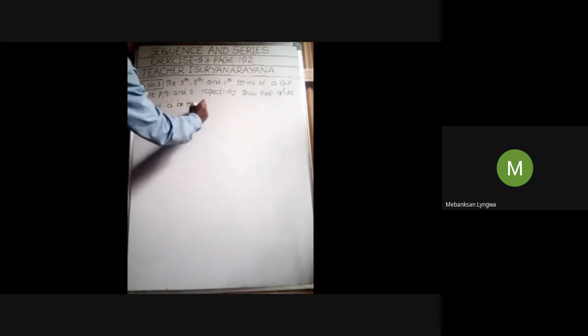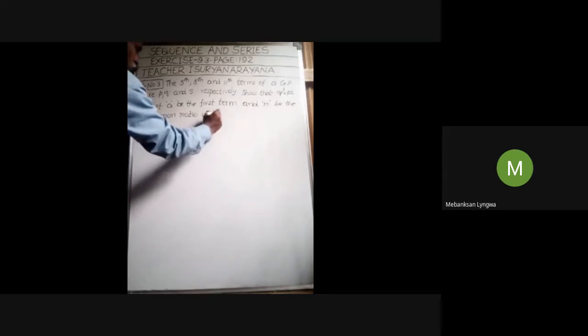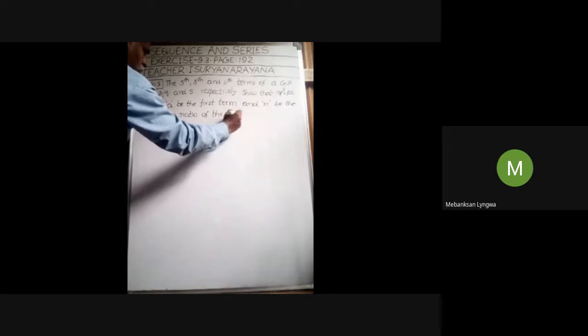Let A be the first term and small letter R be the common ratio of the geometric progression. Okay, my children.